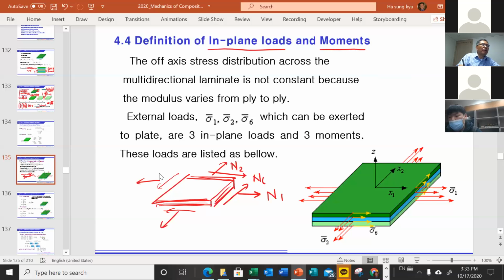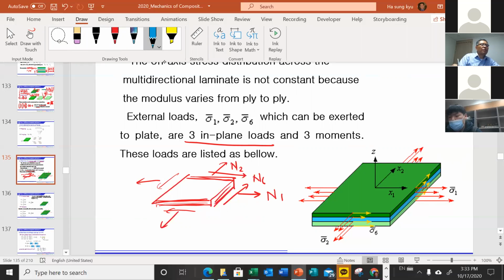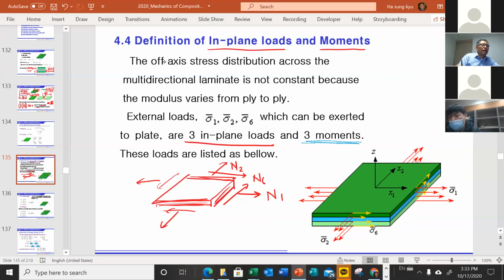So these are the 3 in-plane loads, and 3 bending moments. Here we apply a bending moment. This is the moment 1, and this is the moment 2, bending, right? This is the bending, and this is the bending, and also a curvature.